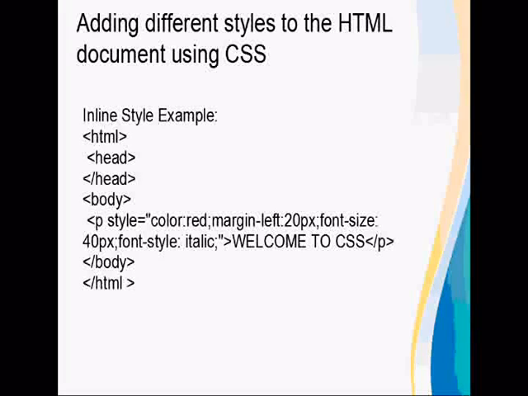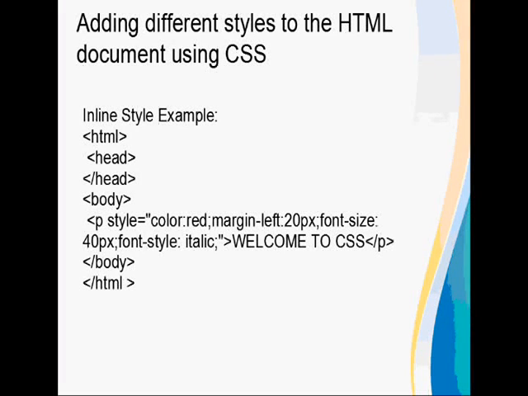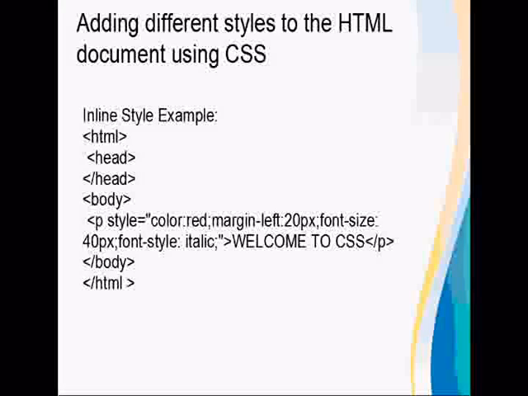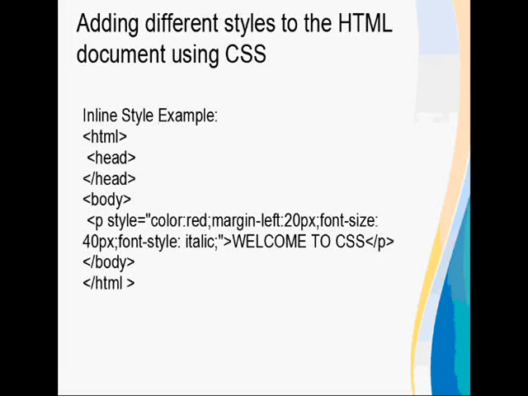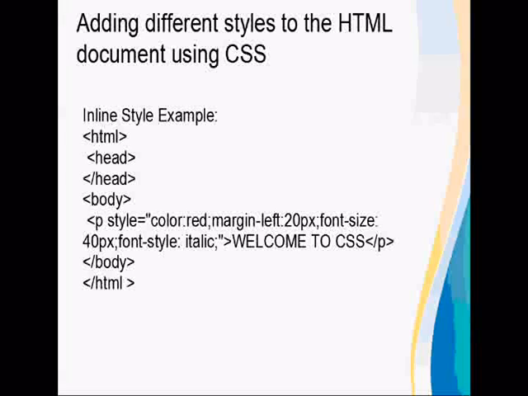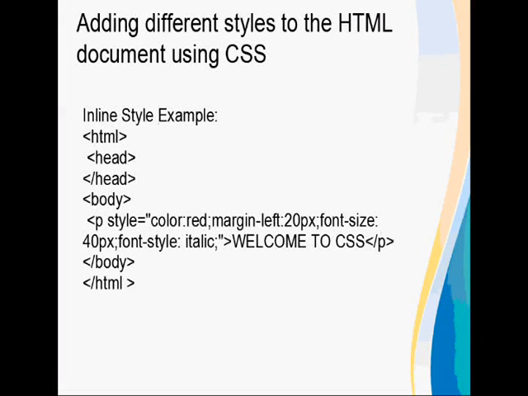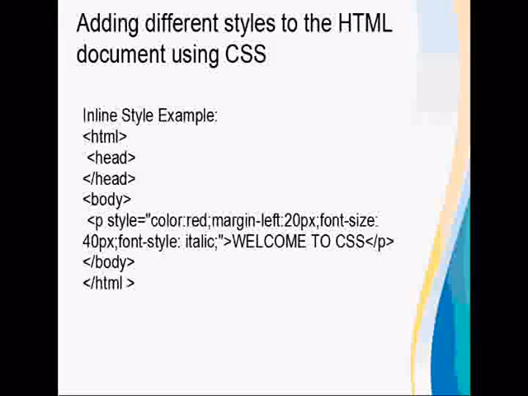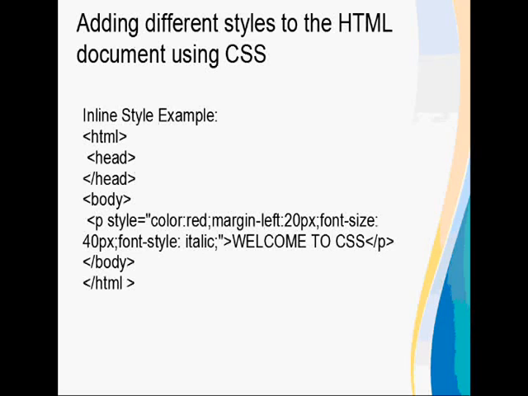One more thing, a CSS declaration always ends with a semicolon. But I recommend you always follow the external style sheet approach, because that will create a separate CSS file, and so you can apply the style on many HTML pages and it will save a lot of work. Anyways, run this code.